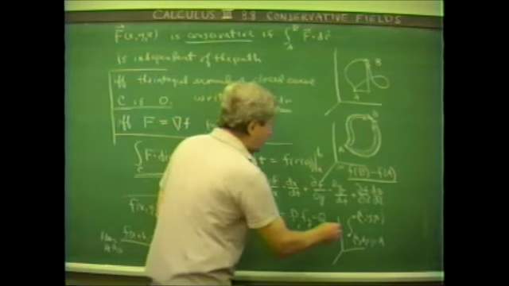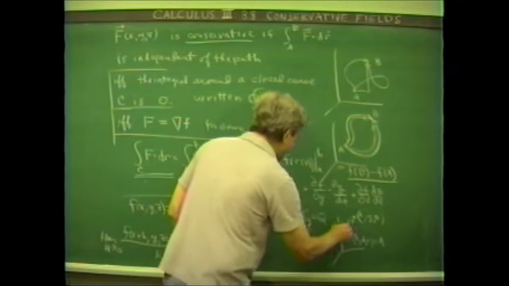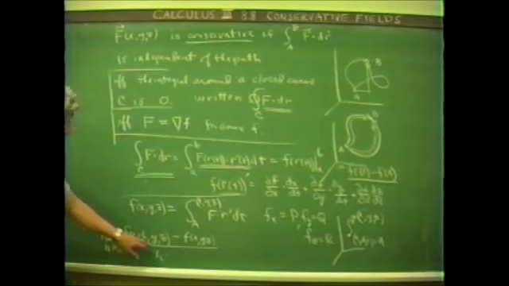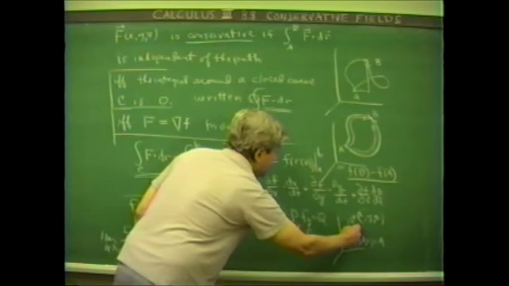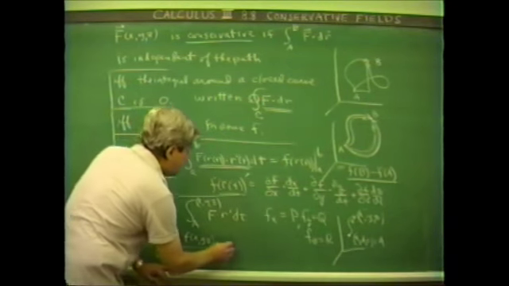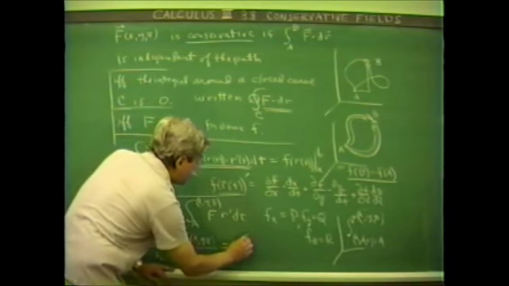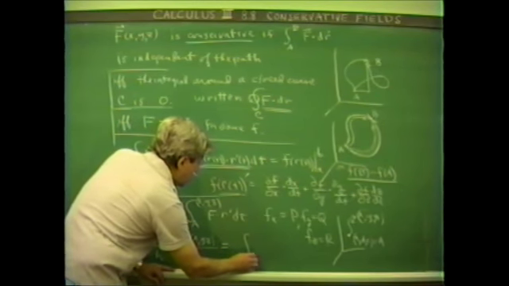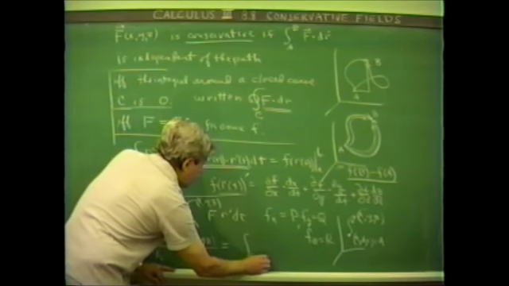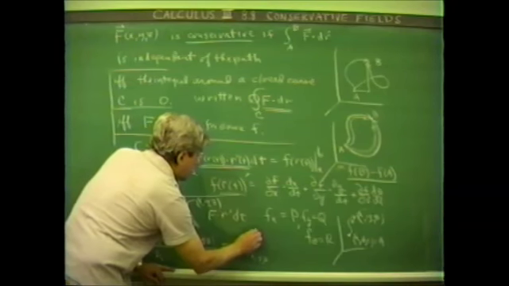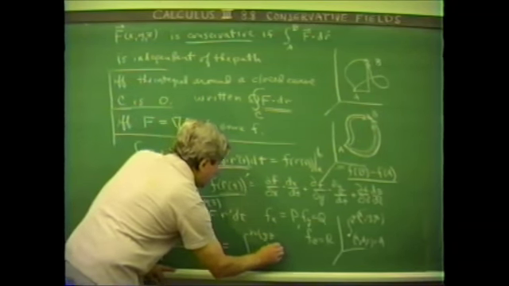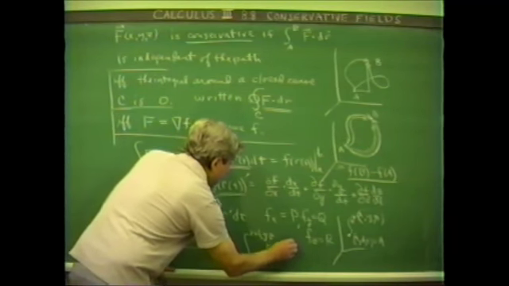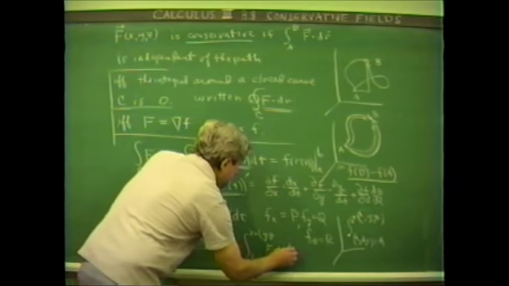What this means is that one integrates in the i direction from x to x plus h, or if you like, first to (x, y, z), and then to (x plus h, y, z). So this is going to be equal to the integral from (x, y, z) to (x plus h, y, z) of F dot r prime dt.